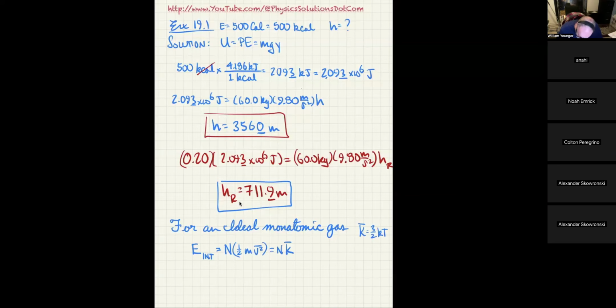Then we also have 3/2 N times k times T is the internal energy for an ideal monatomic gas. Now, I'm going to write this result right here before I move on. So this result is E internal is equal to 3/2 N kT, and that's for an ideal monatomic gas.